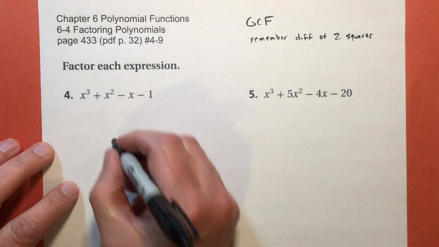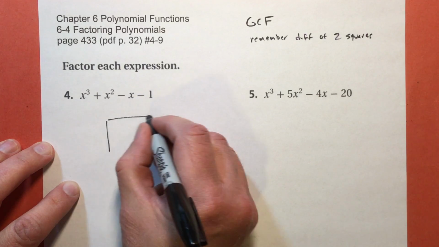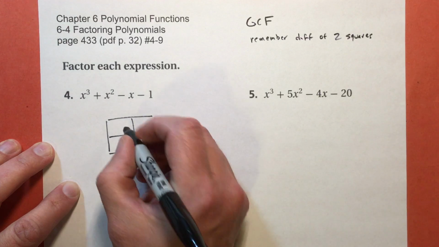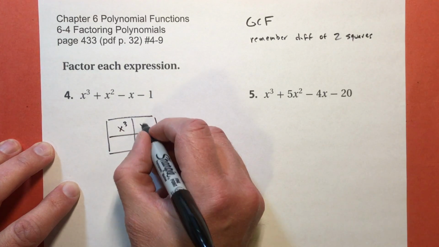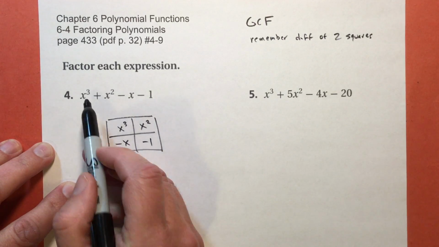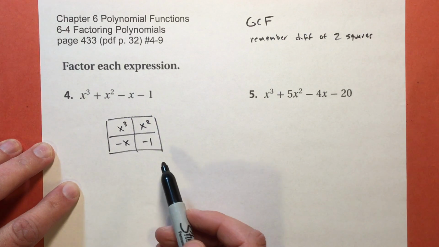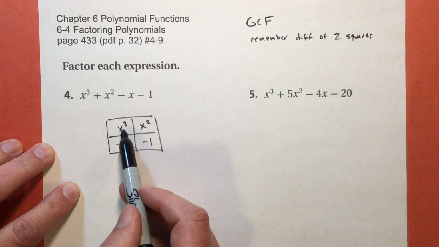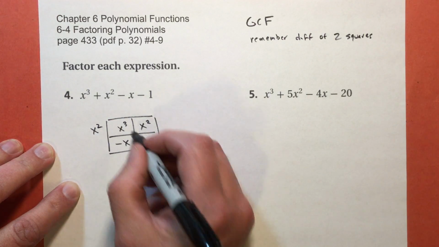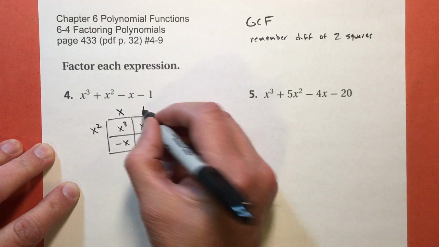Okay, let's go. So I'm going to set up my multiplication chart. I'll put x to the third power here, x to the second power here, negative x, negative 1 here. Let's factor across the top row. I have x to the second power. That leaves the other x and a 1.